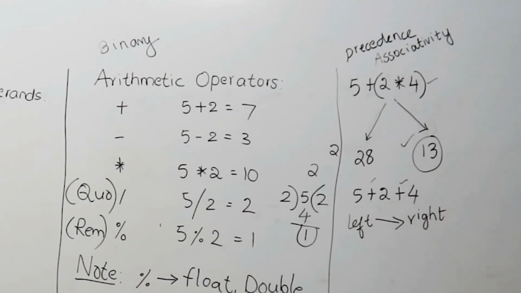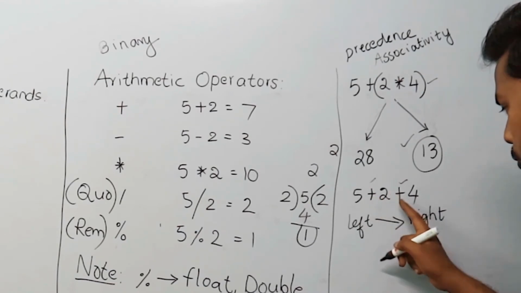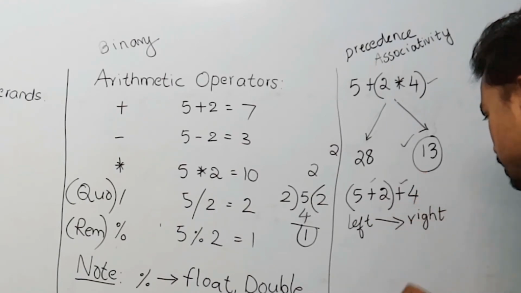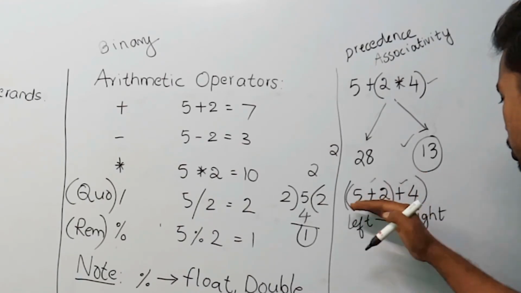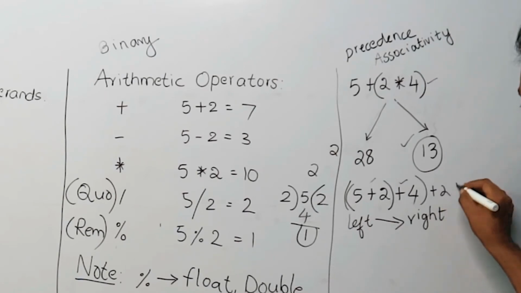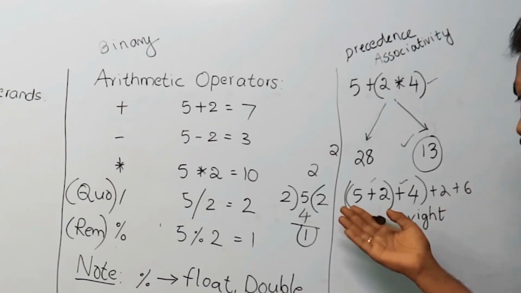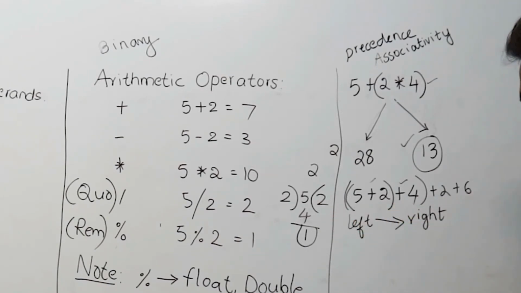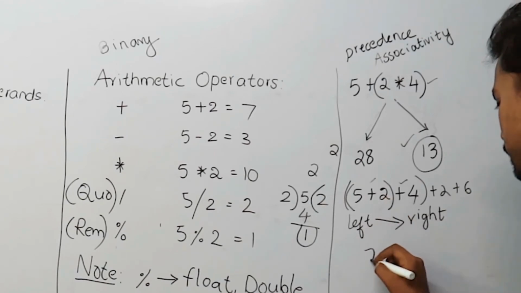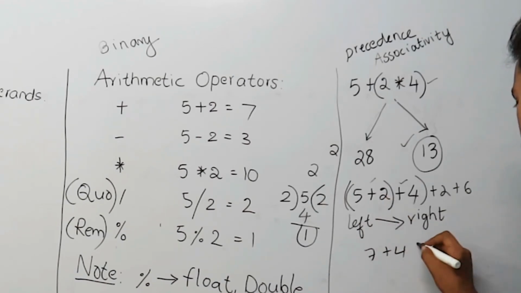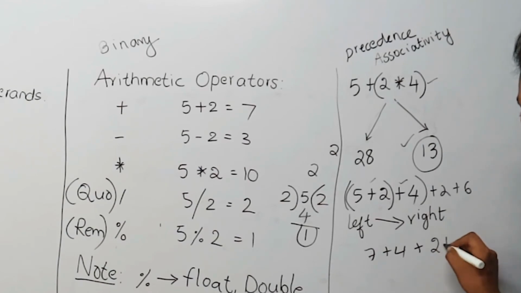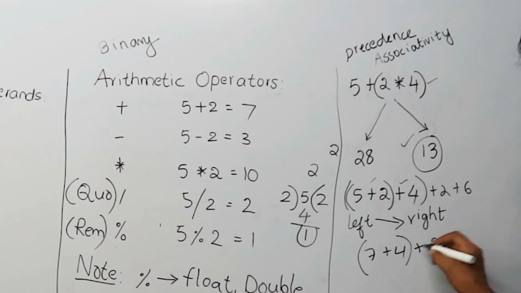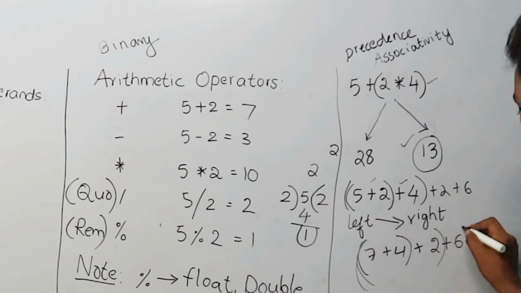That means when you have more than one plus, you start executing from the left plus and then move on to the right.